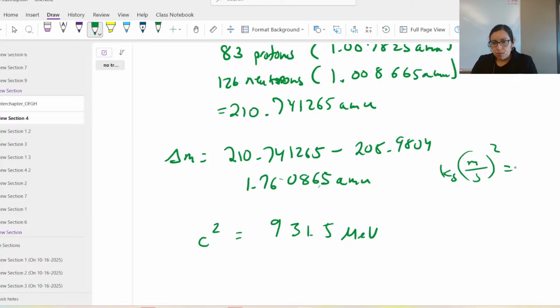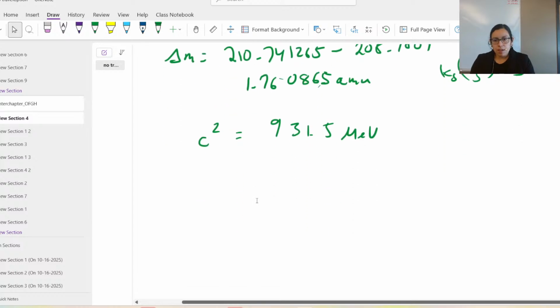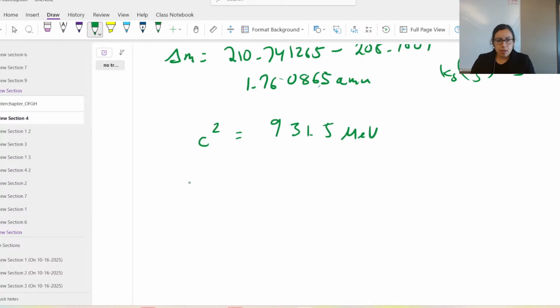Remember, this was a joule. I just have this direct conversion in my notes. And so that means we can plug this in for our E equals mc squared. We can plug AMU in for our mass, so that's also why I'm in these mega electron volt units.